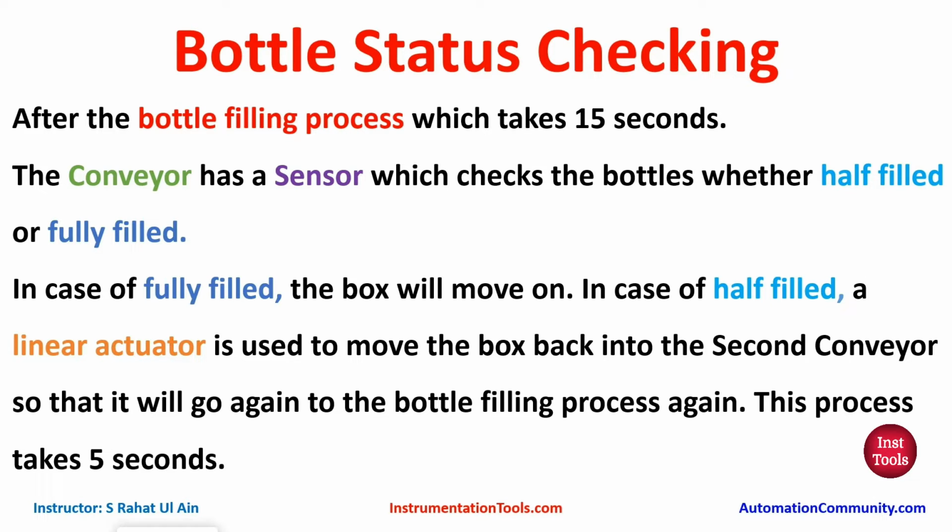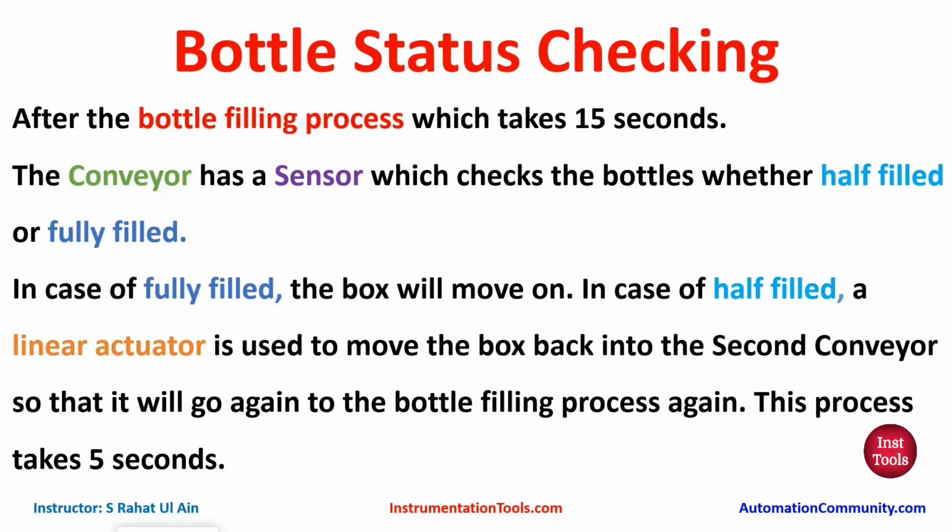In case of fully filled, the box will move on. In case of half filled, a linear actuator is used to move the box back into the second conveyor so that it will go again to the bottle filling process again. This process takes 5 seconds.